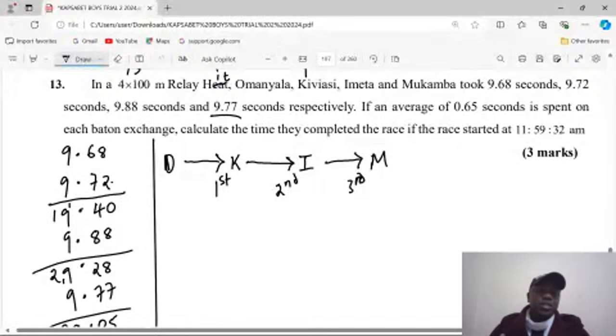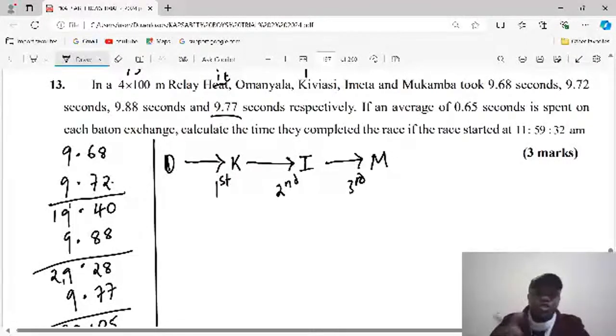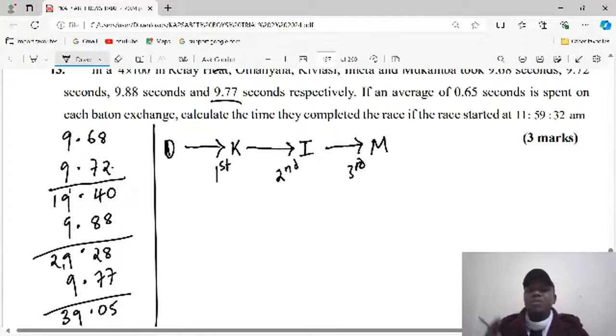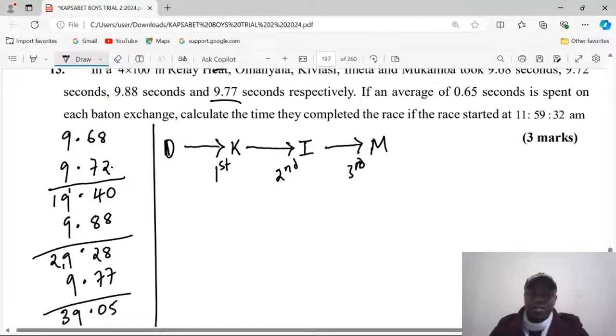Therefore, the 0.65 seconds is going to be consumed in 3 scenarios. Even if the gentlemen are 4 in the race, the baton will be exchanged 3 times. From the first person to the second, from the second person to the third, from the third person to the fourth, but now the fourth person will just go to the finishing point.